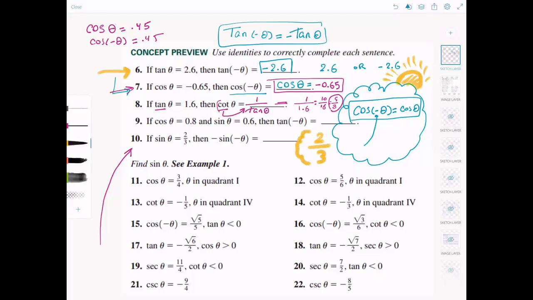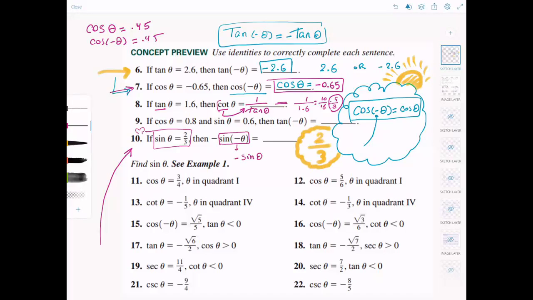I'm just going to investigate on this to see if we can finish this class or not. So we have sine of theta, it's great, we love it, and negative sine of negative theta. You have it in your note sheet that sine of negative theta equals negative sine of theta.